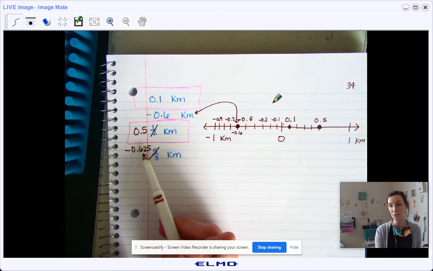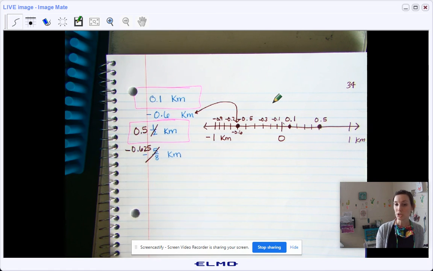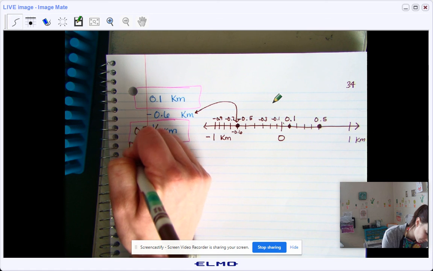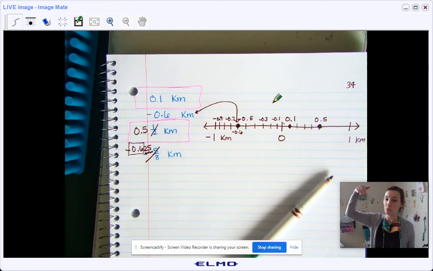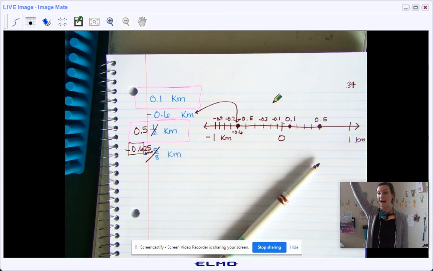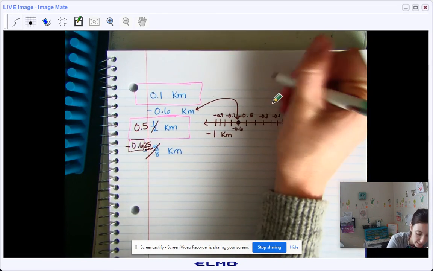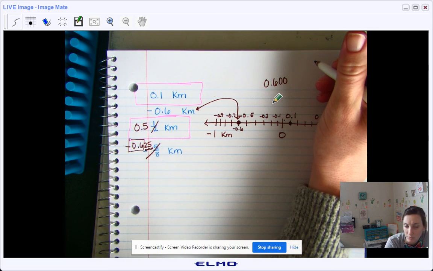And now what do we do with this one? Negative 6 and 625 thousandths kilometers. So the question I have to ask myself is, here's 6/10, right? Does putting on this little bit make the person go deeper or make the person go higher than the person at 6/10? Keep in mind that another way to write 6/10 is as 600 thousandths.